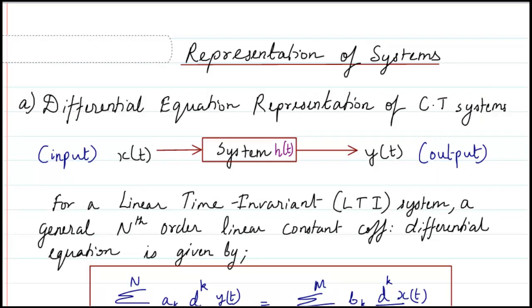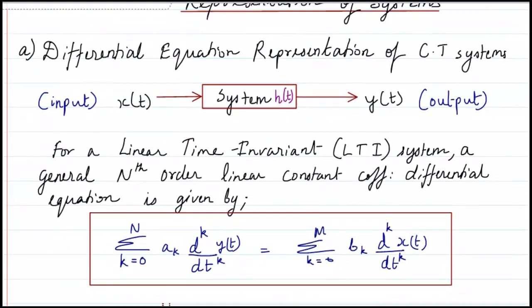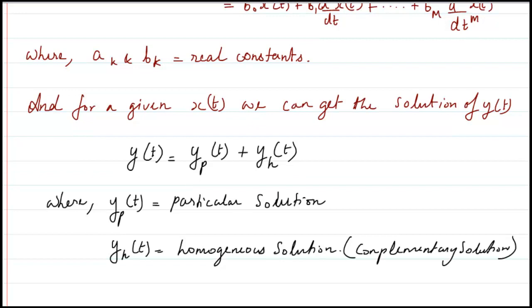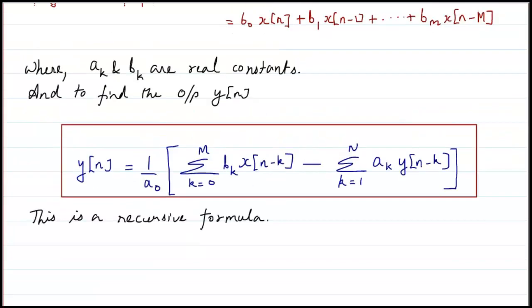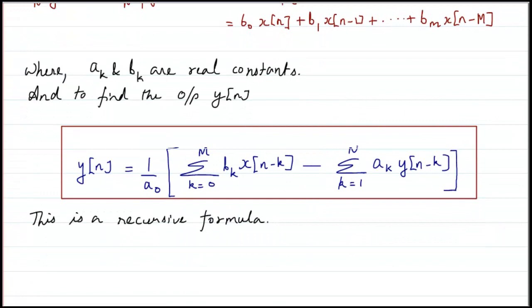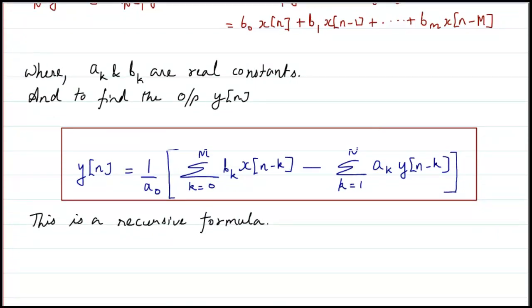Now you can understand, based on this equation, how you find out y of n, and where the difference lies between a continuous time system, wherein you have to solve the differential equation to get a particular solution and homogeneous solution to find out y of t, whereas in a discrete time system, looking at the equation directly, very easily you can get the output.